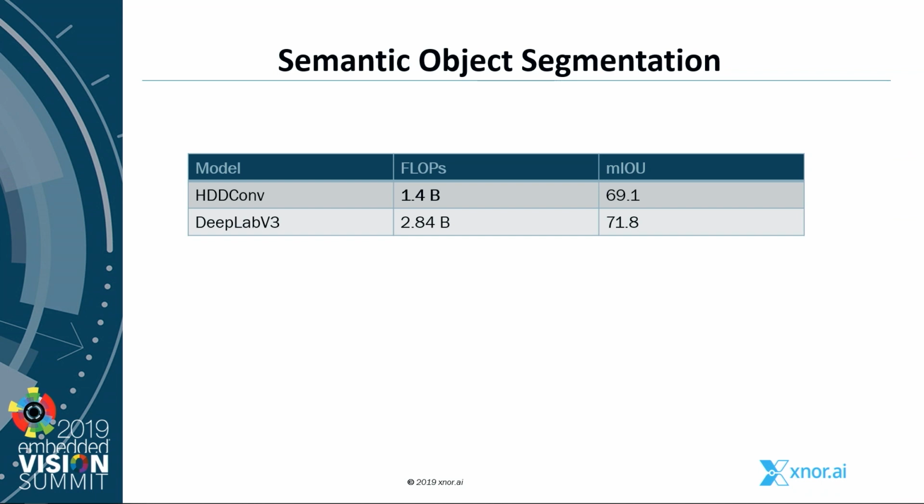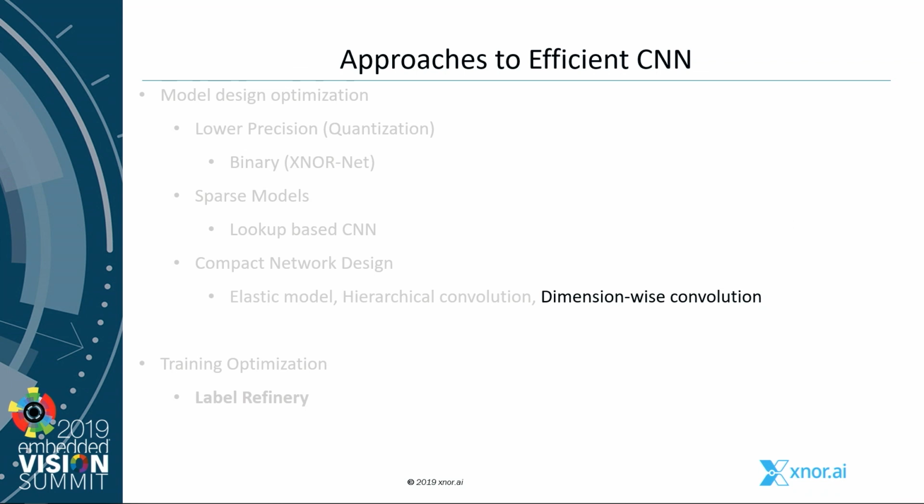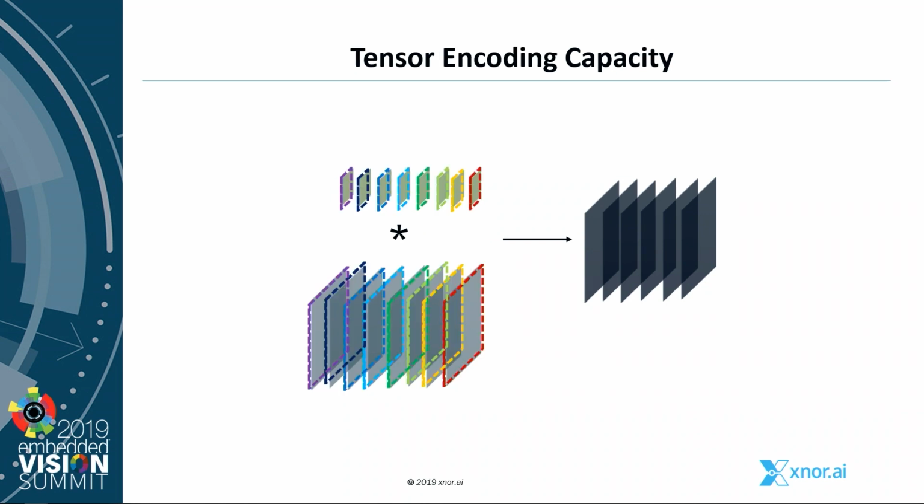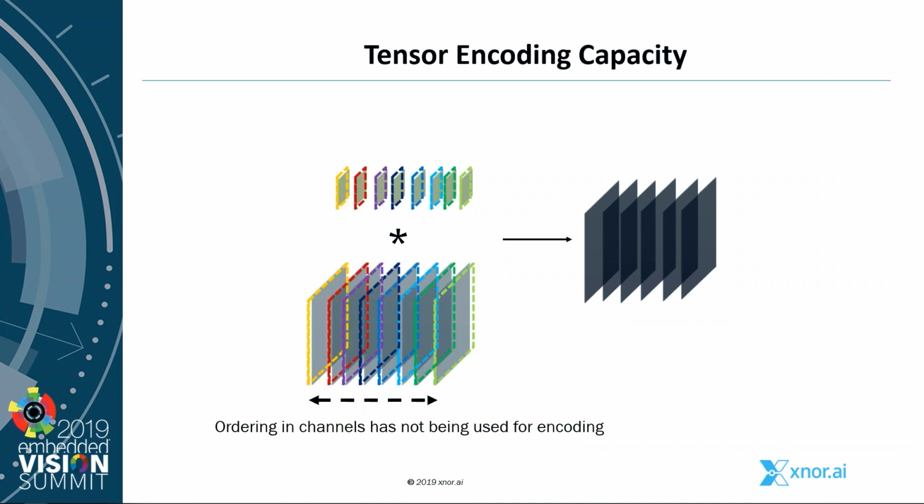We still can go deeper into the convolutional operation and see how it can be more efficient. The capacity of a single convolution is very important. Right now, we are not using the complete capacity of a convolution. If I color code the channels and reorder them, I can still produce the same output, meaning that a reordering of the weight parameters can produce the same channel.